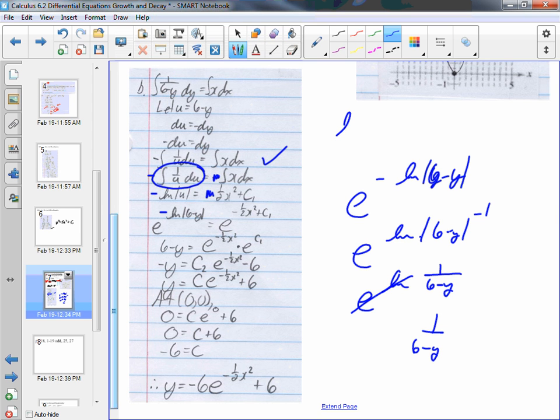I mean, you can make that the natural log of that. No, because I can't distribute that through there. Our property says that that can become an exponent of it.